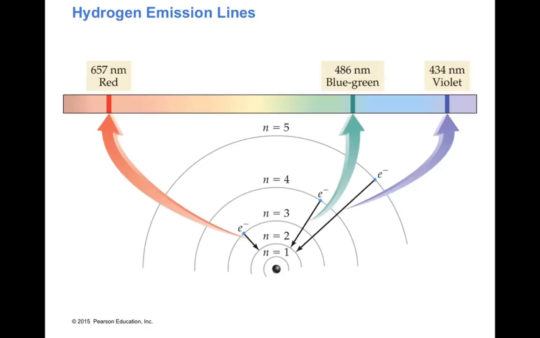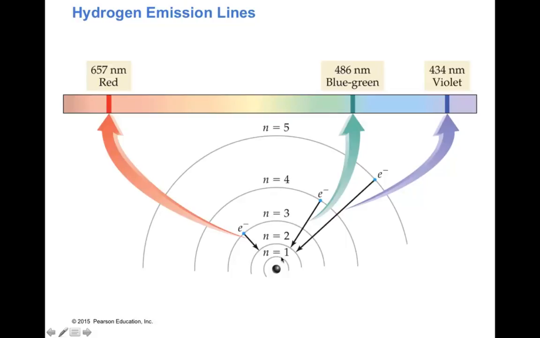So here we have an example. Here we have the red line that we saw before at 657 for hydrogen. This is due to the transition from n equals 3 to n equals 2. Remember that at the beginning the electron was in n equals 1. It was excited to n equals 3 in this specific sample, and then it released energy to reach n equals 2, and that energy corresponds to a wavelength of 657.